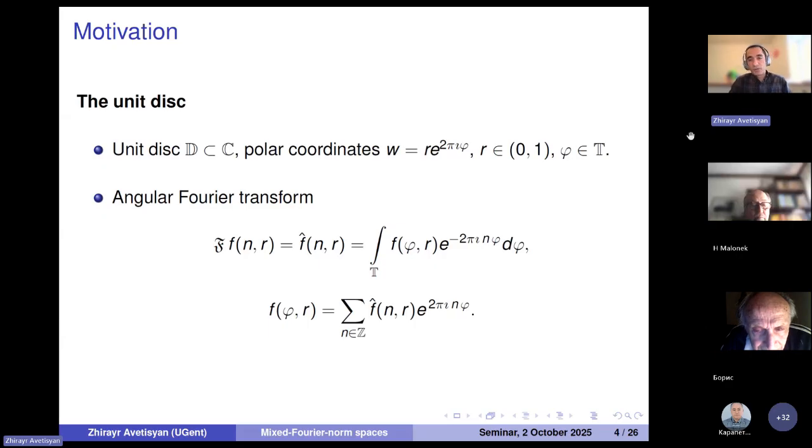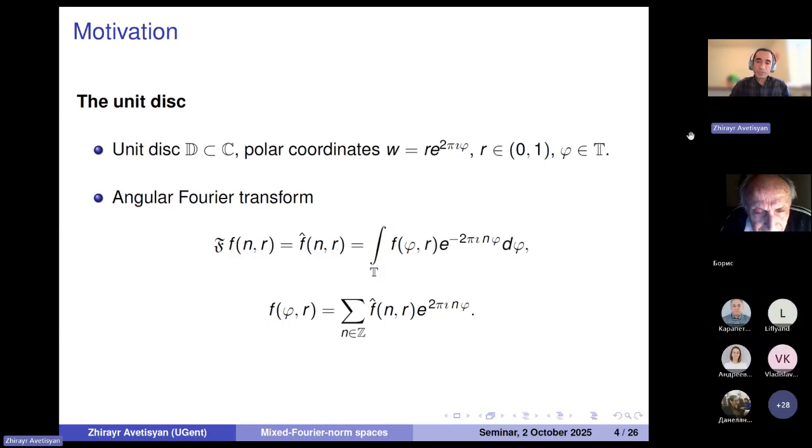So r is the radial coordinate which ranges from 0 to 1, 0 not included, and that's why it's the punctured disk. Phi is the angular variable, it ranges on the unit circle.